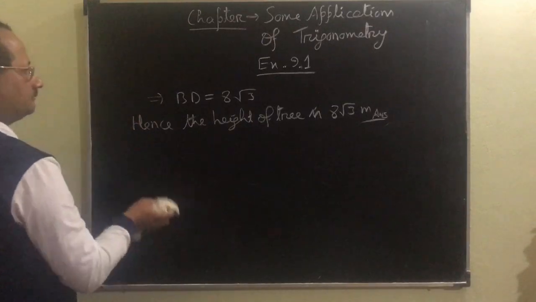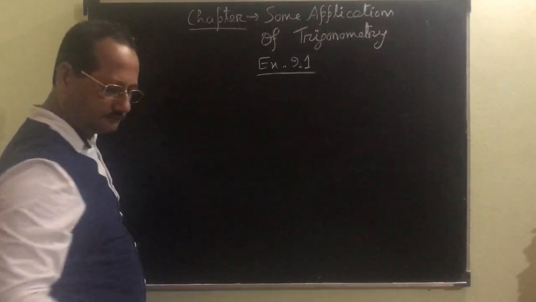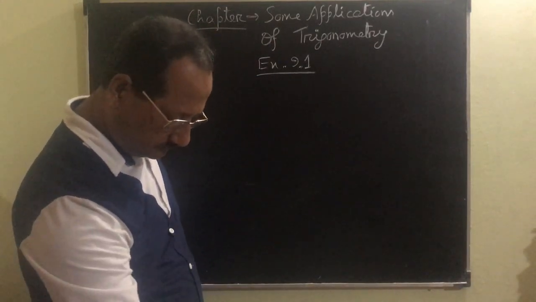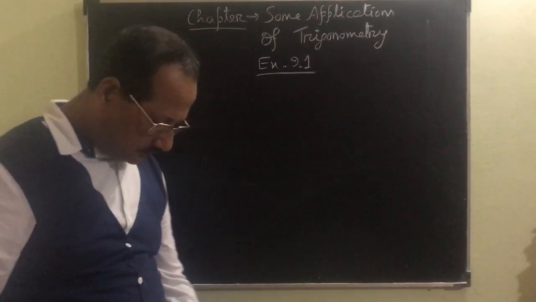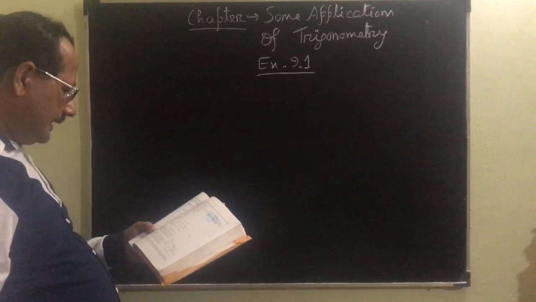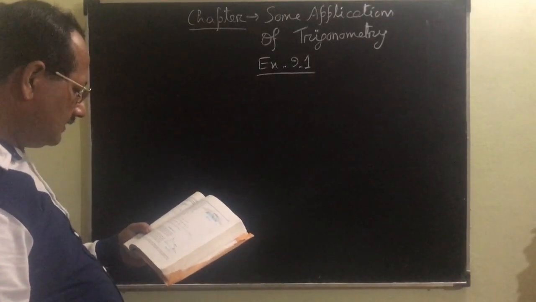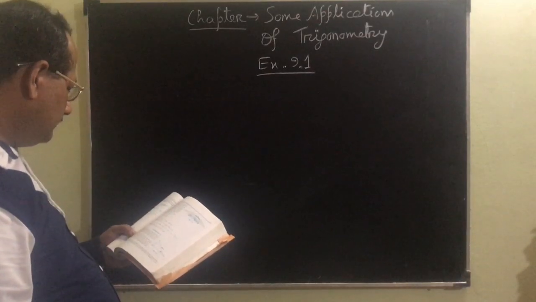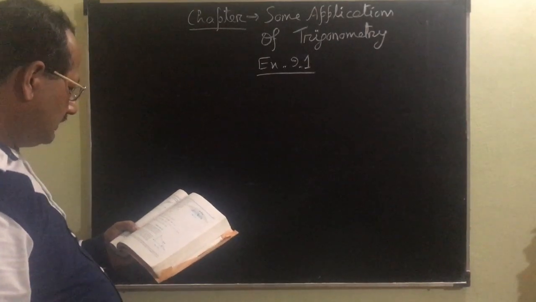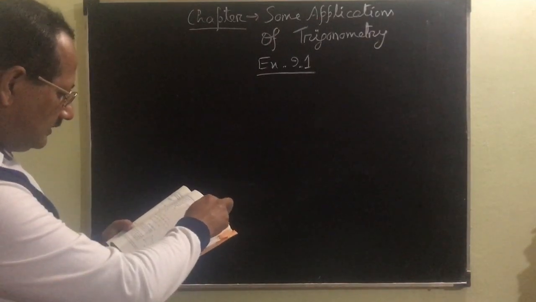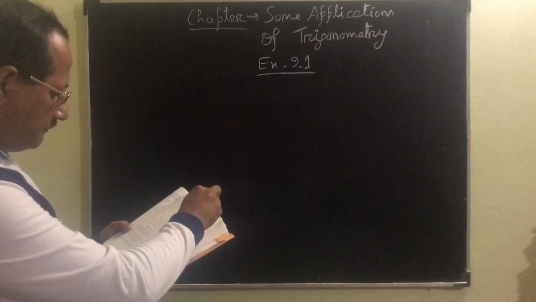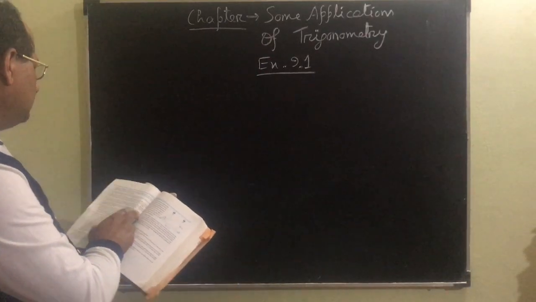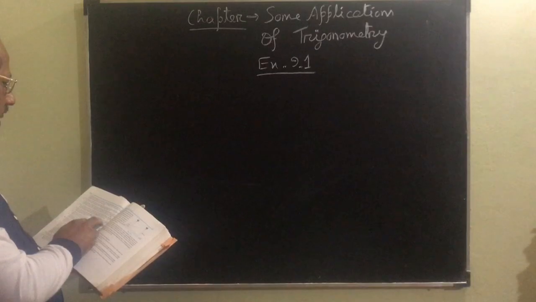Next, question number 3. A contractor plans to install 2 slides for the children to play in the park. For the children below the age of 5 years, she prefers a slide whose top is at a height of 1.5 meter, inclined at an angle of 30 degrees to the ground.